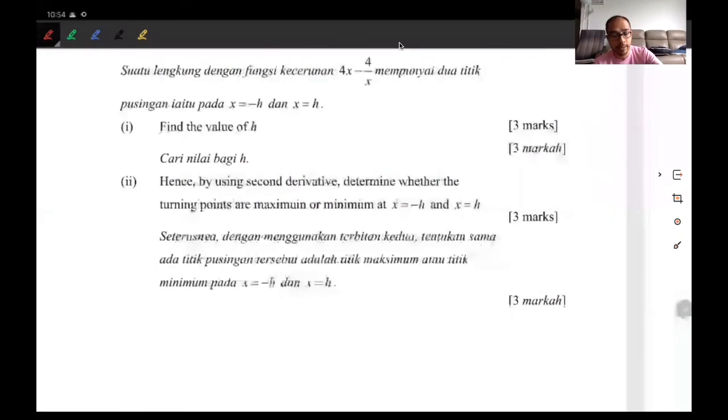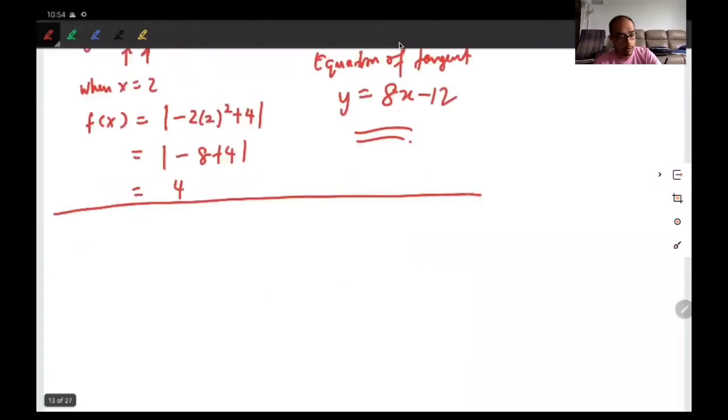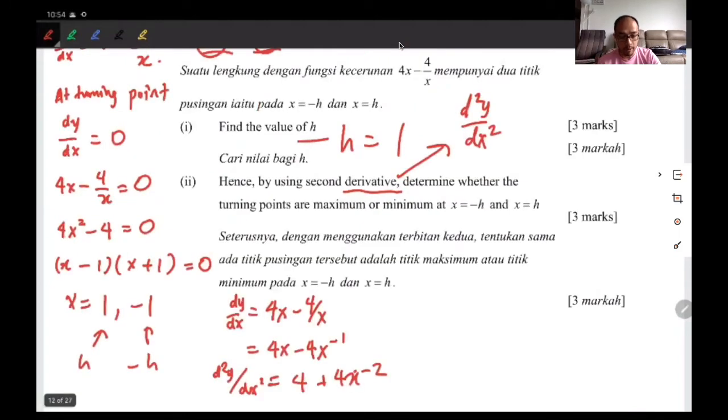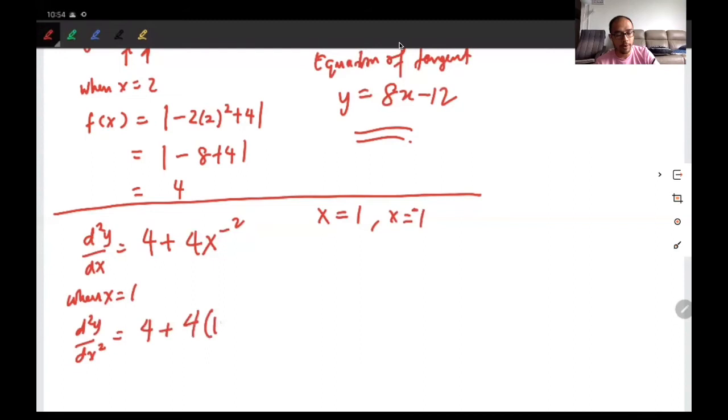Let me see, do I have space? Oh, I do. So d2y/dx2 is equal to 4 plus 4x to the power of negative 2. Am I right? And I have two values of x: x equals 1 and x equals negative 1. So when x equals 1, d2y/dx2 equals 4 plus 4 times 1 to the power of negative 2.